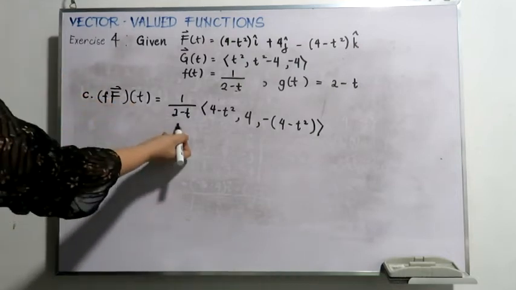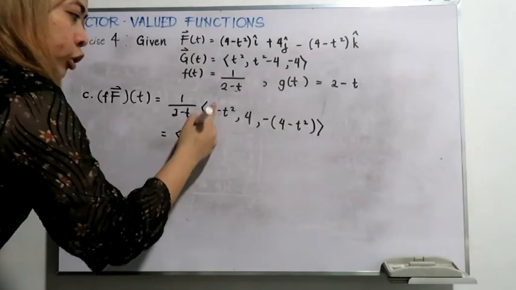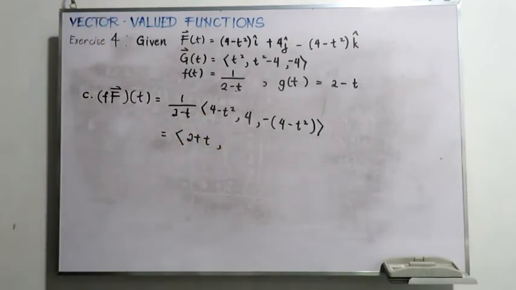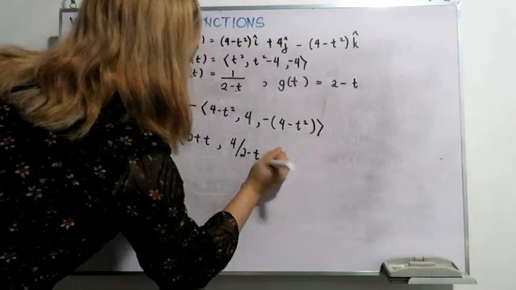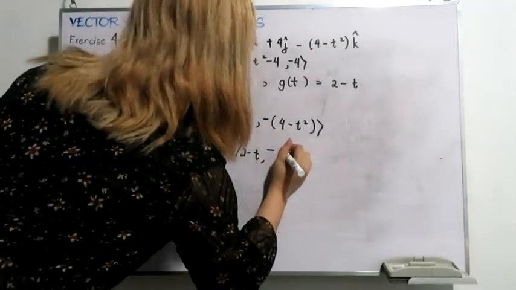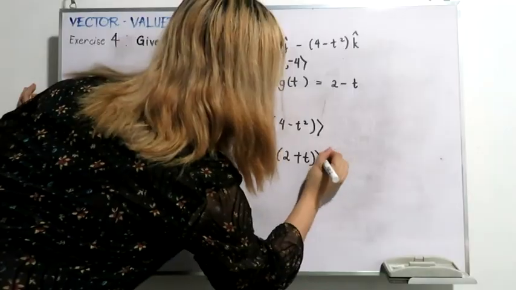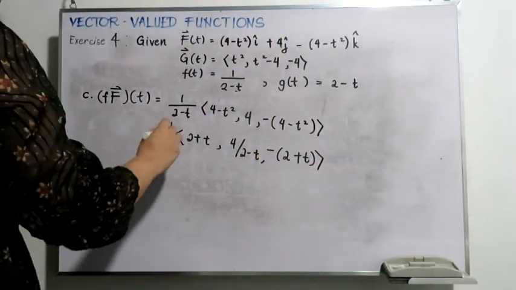So distributing 1 over 2 minus t will give us 2 plus t, since 2 minus t will be cancelled, 4 over 2 minus t, and negative quantity 2 plus t. And this is the answer.